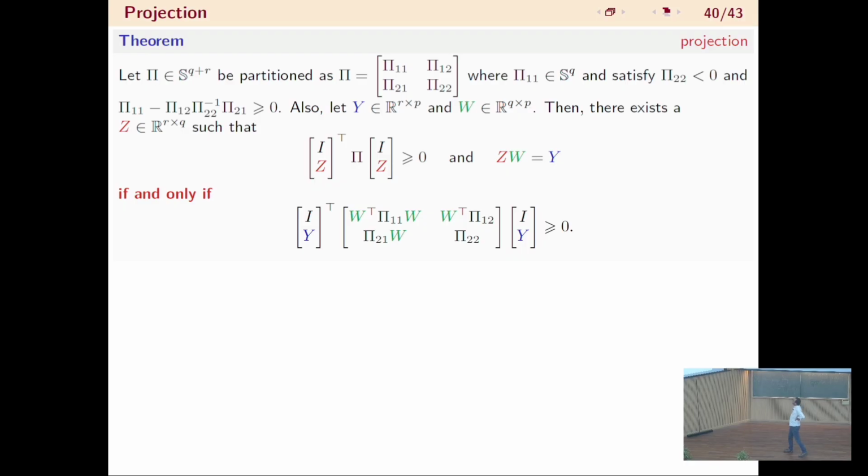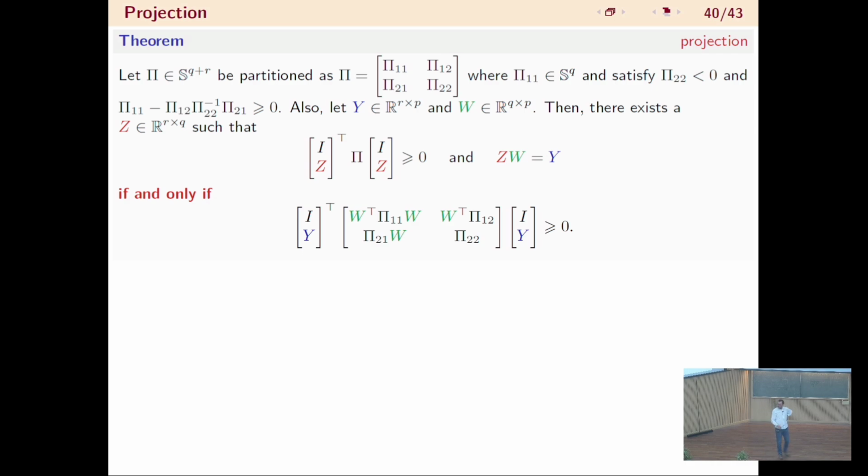Then it says for y and w given these dimensions, there exists a z satisfying pi quadratic matrix inequality and also this linear equation, z times w is equal to y, if and only if y satisfies this quadratic matrix inequality, where the defining matrix comes from pi and w in this way.